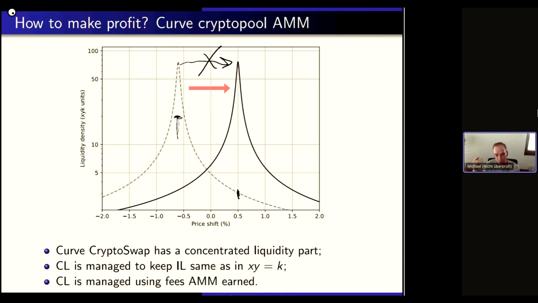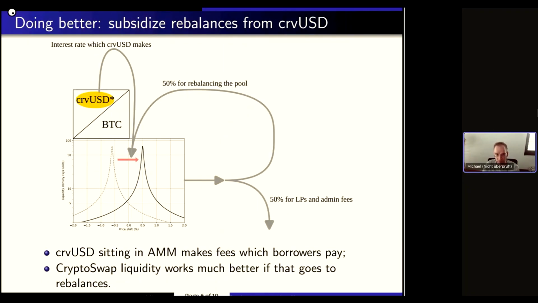So where does the money to move concentrated liquidity come from? That's probably the key here. As of today, and since 2021, the money to move concentrated liquidity comes from fees which the pool is making.